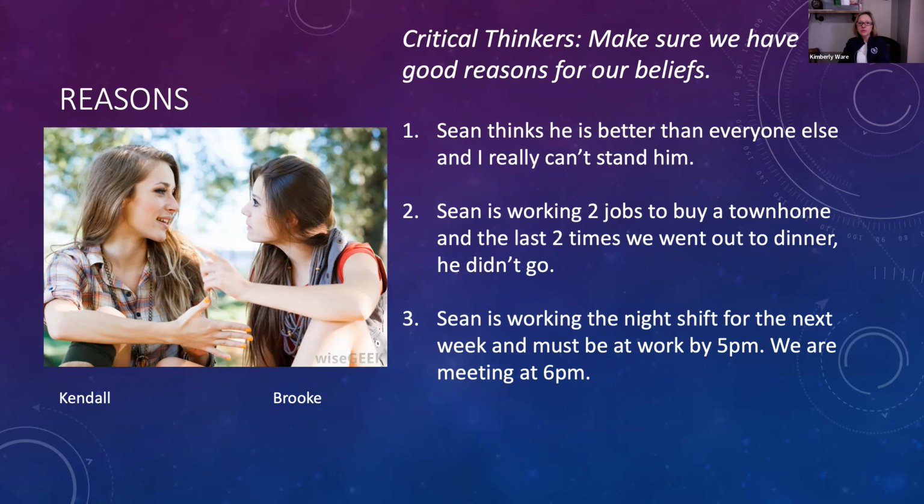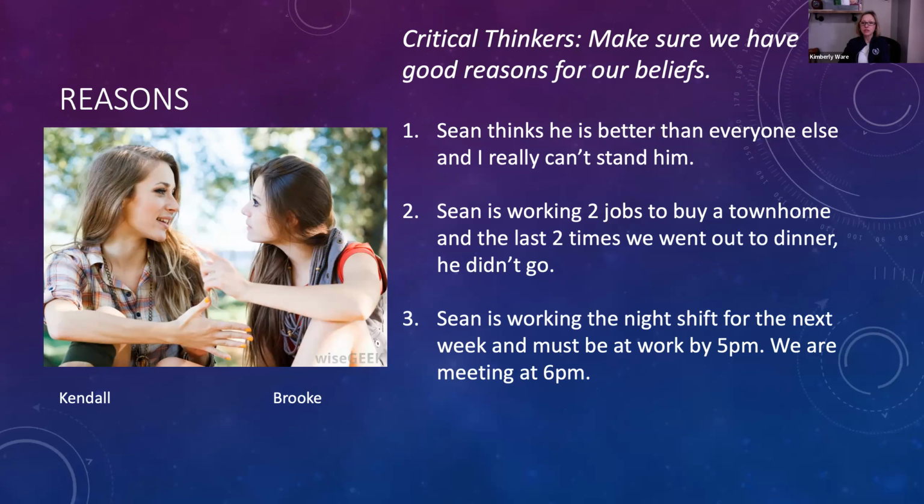This is a reason we would use to make an inductive conclusion about Sean. I'm going to post a mini lesson January 4th that clarifies the difference between inductive and deductive reasoning. But in this case, Kendall is making a general assumption. We don't know for sure. It's not guaranteed to be true. It's possible he might not come, but he could come as well.